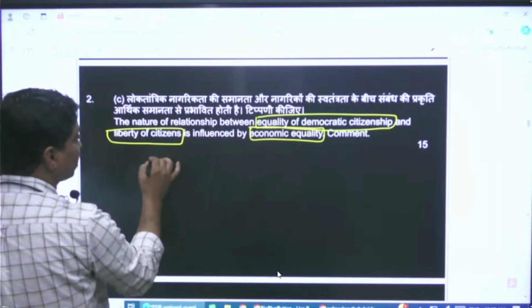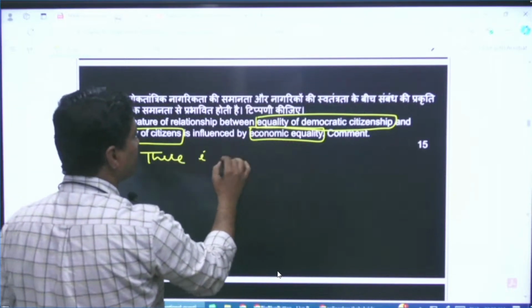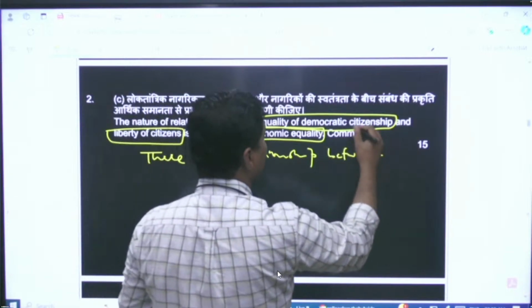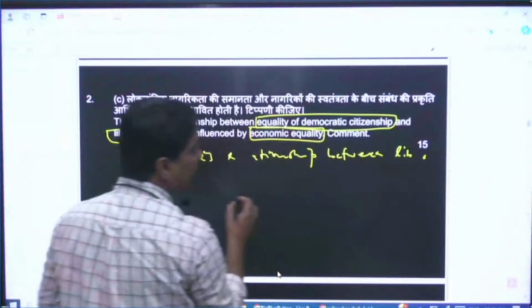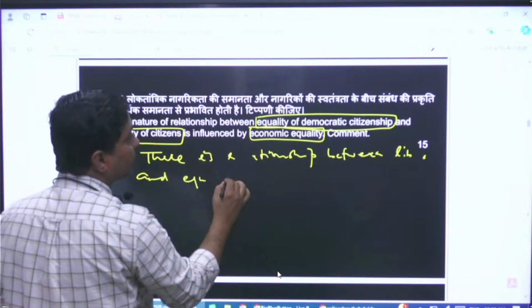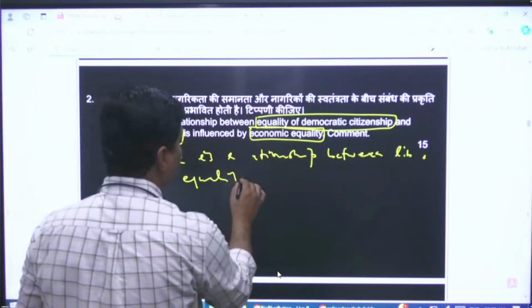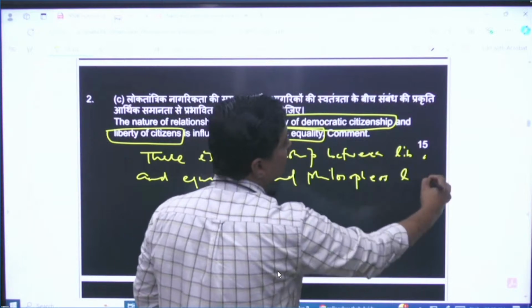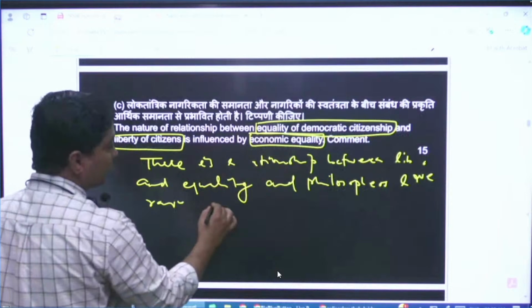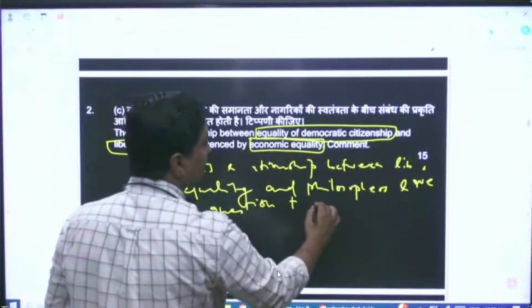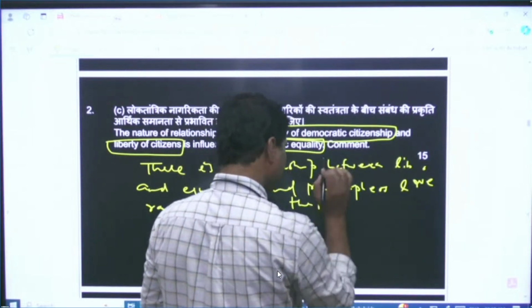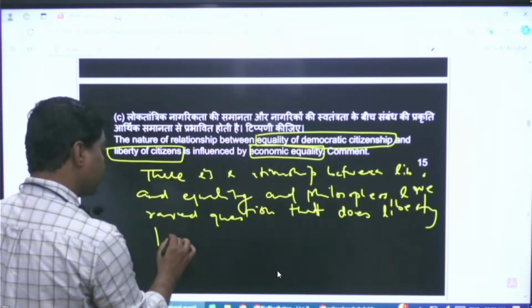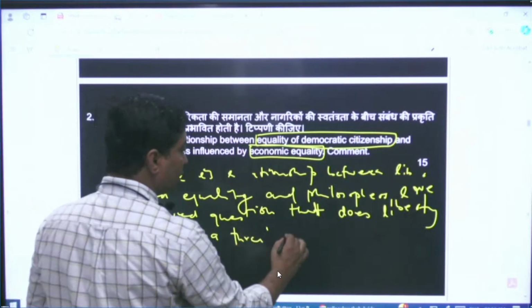There is a relationship between liberty and equality. And philosophers have raised the question: does liberty pose a threat to equality?